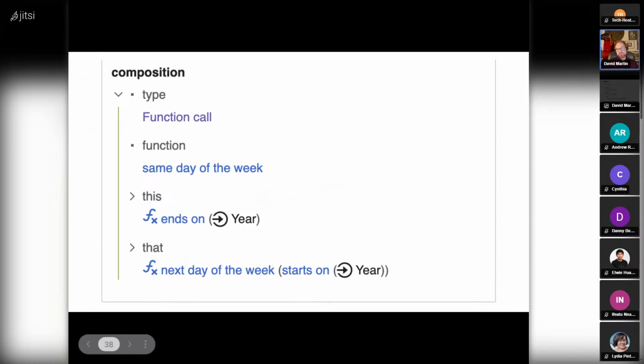That function takes 2 inputs, and other functions are called to provide those inputs. In this case, this function provides what day of the week did the year end on, and then we also use functions to find out what day of the week did the year start on and what was the following day of the week. So if those are the same day of the week, then this leap year function will return a true value.